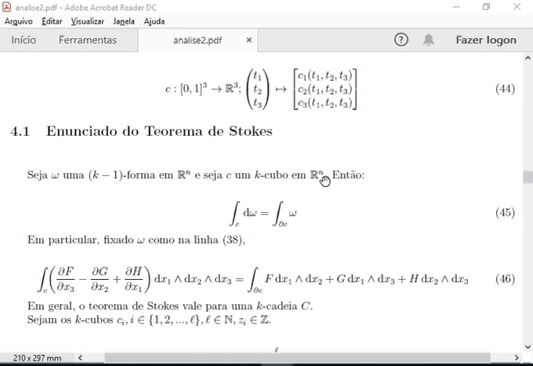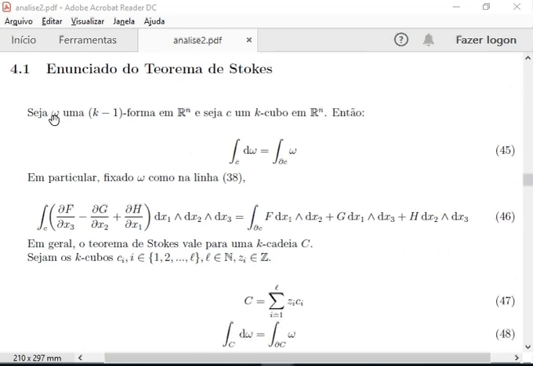Statement of Stokes' theorem. Let omega be a (k-1)-form in R^n. Let C be a k-cube in R^n. Therefore, the integral over C of d omega is equal to the integral over the boundary of C of omega.